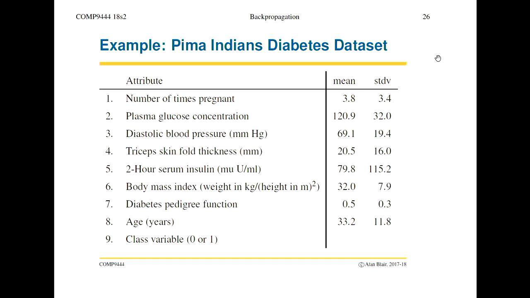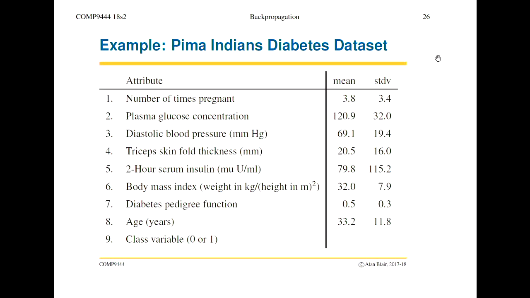Someone comes in and you measure these various things, and then you have to try to predict whether that person is likely to develop diabetes or not. So the number of times the person has been pregnant, the concentration of plasma glucose in their blood, their diagnostic blood pressure, triceps skin fold thickness, 2-hour serum insulin.